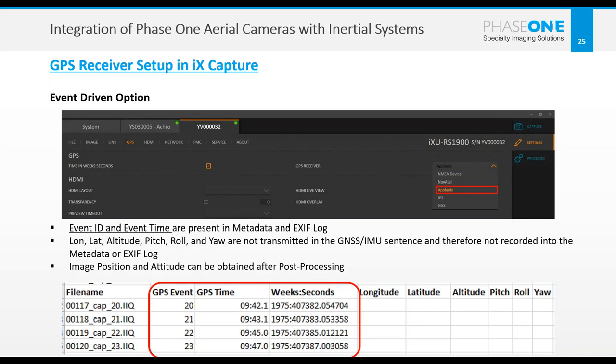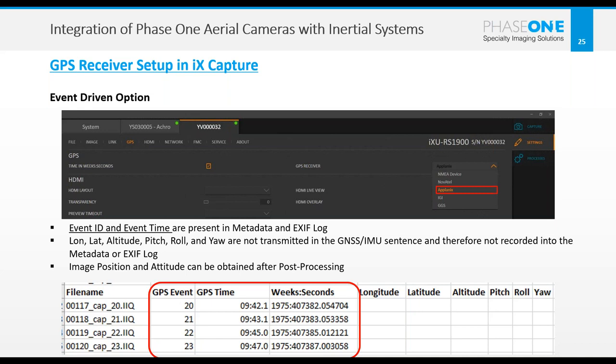Any other of the GPS receiver options will be known as the event-driven option, either Novatel, Applanix, EGI, GGS. So in this case, the event ID and the event times will be present in the metadata in the image and the EXIF log in the folder repository of the images.